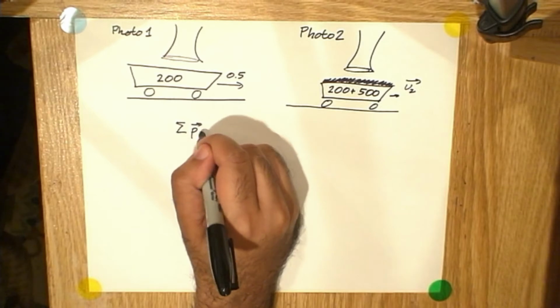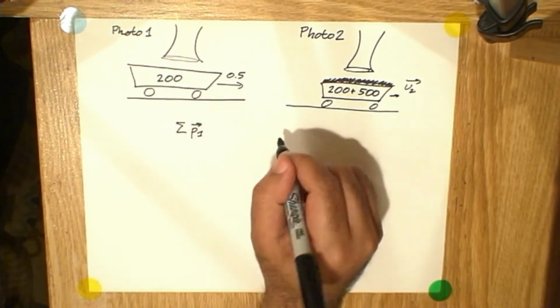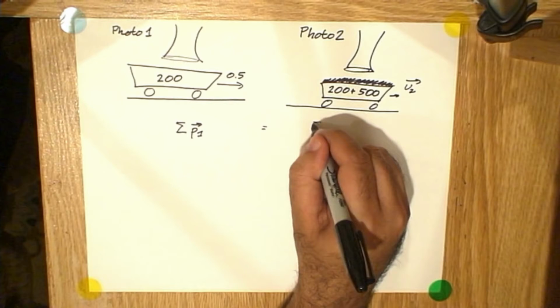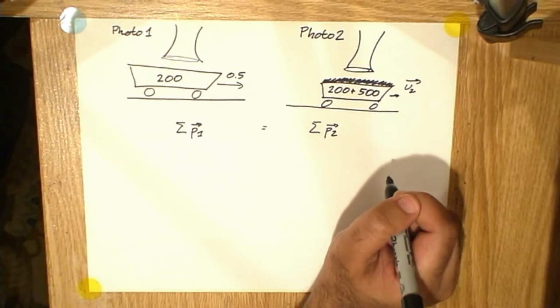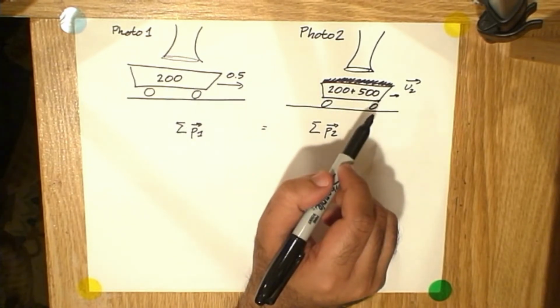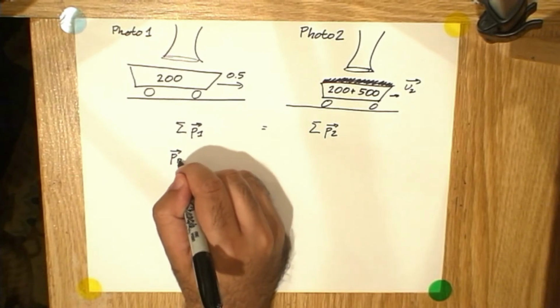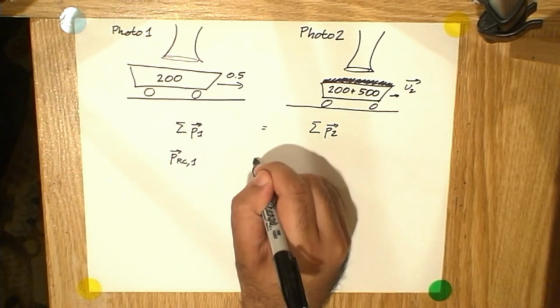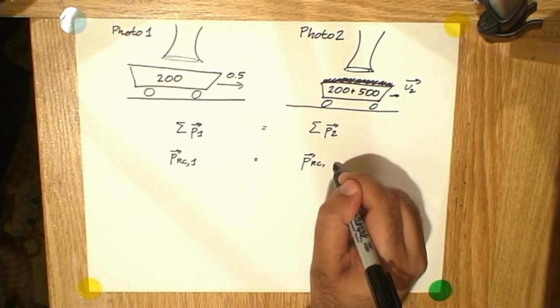The total momentum before the material was dumped into the rail car must be equal to the total momentum after the material was dumped into the rail car. There is only one object here. So we could say that the total momentum of the rail car in photo 1 must be equal to the momentum of the rail car in photo 2.